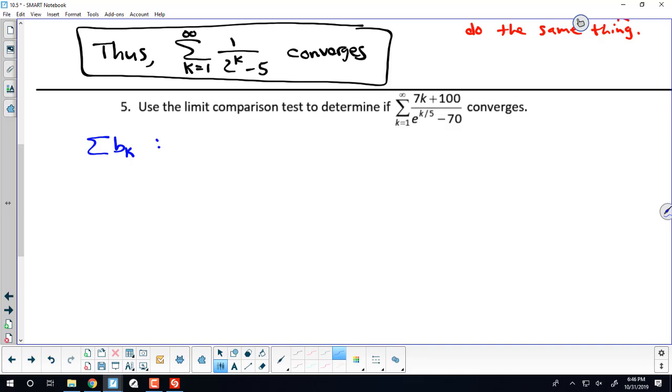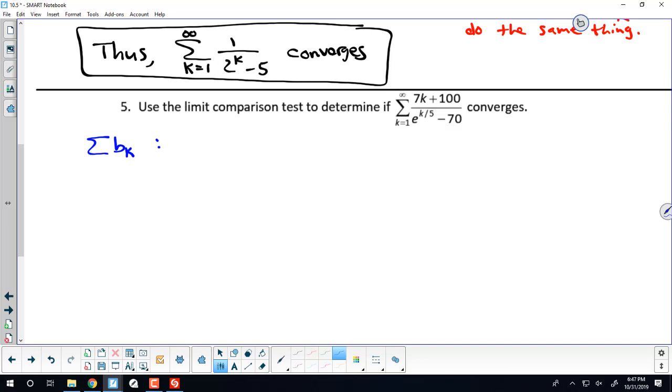And honestly, does it matter what we choose for B? If we're using the limit comparison test, it really doesn't matter. It might in the overall scheme of things, but the initial choice of B, it really doesn't matter. We're not making a direct comparison to those two series.